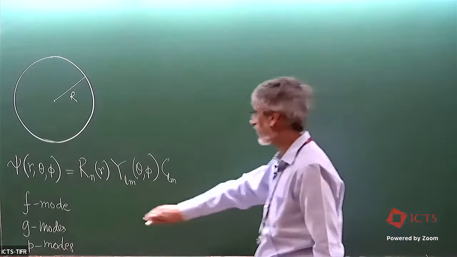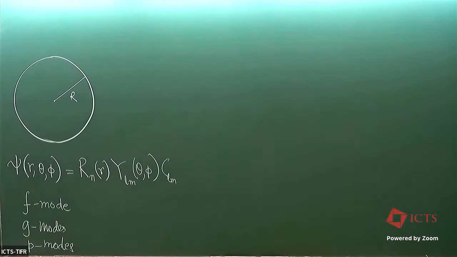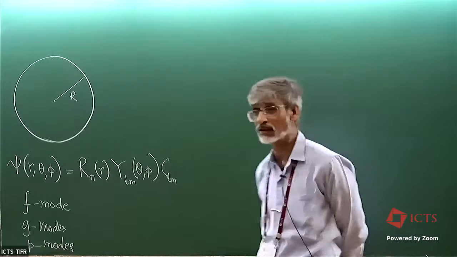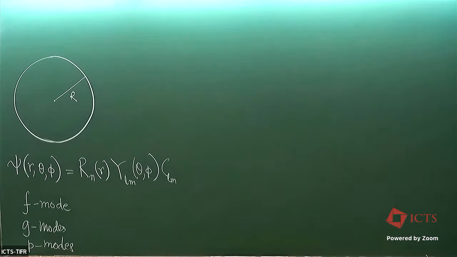So, F modes are the typical modes which you can excite in such binary systems. This probably can be seen if we have enough sensitivity in a compact binary coalescence just before the coalescence.